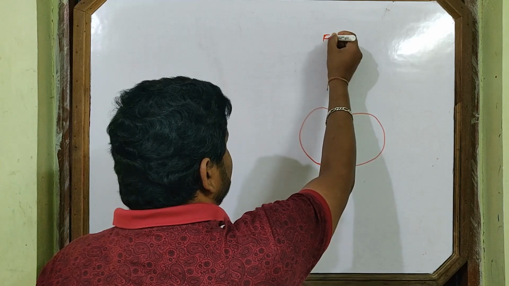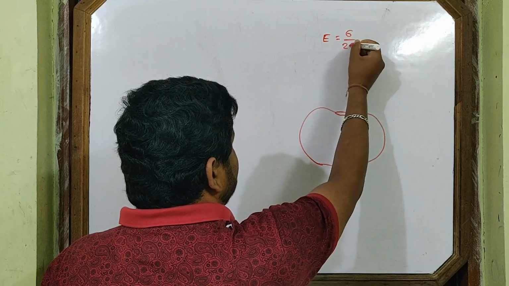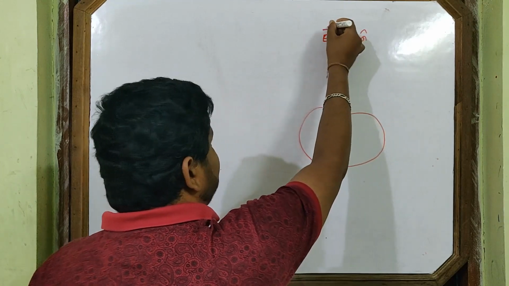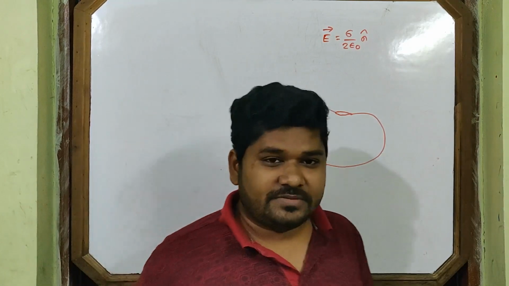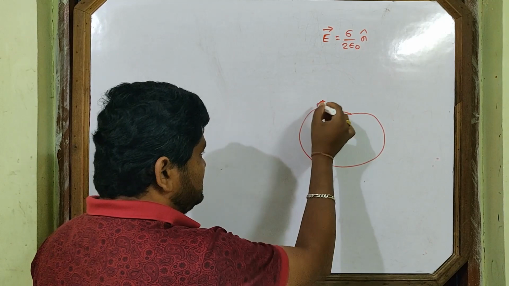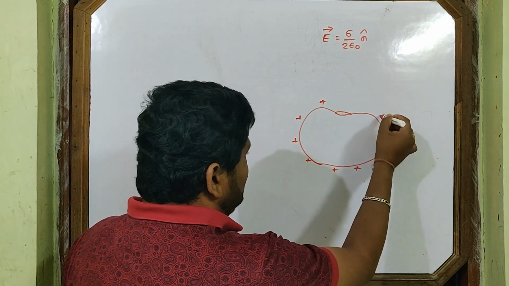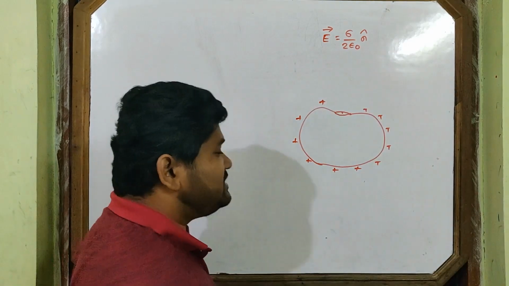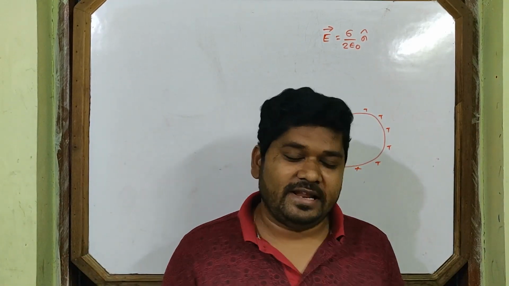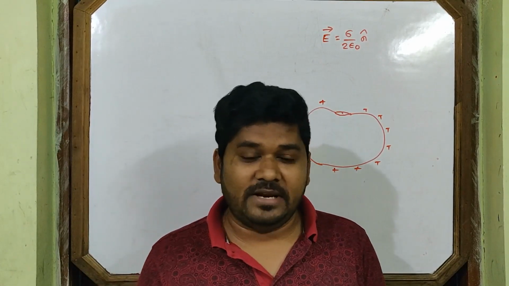Electric field at the hole is sigma by 2 epsilon naught n cap. Prove it. The question is like this. On a charged conductor, if we cut a tiny hole, the electric field at the hole is sigma by 2 epsilon naught n cap. Prove it. The question will come like this.